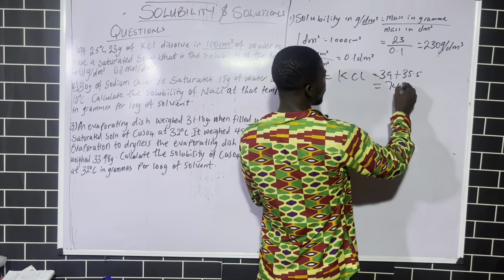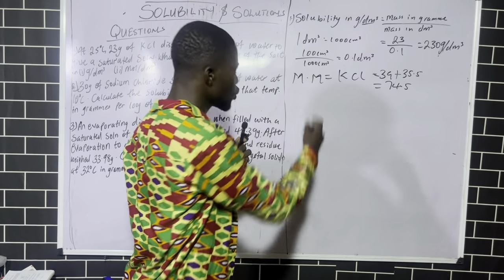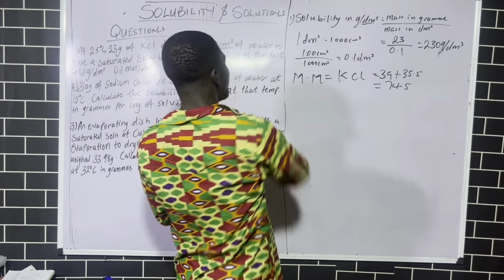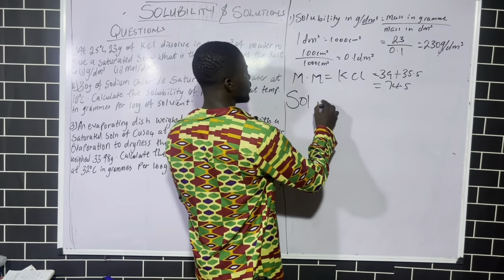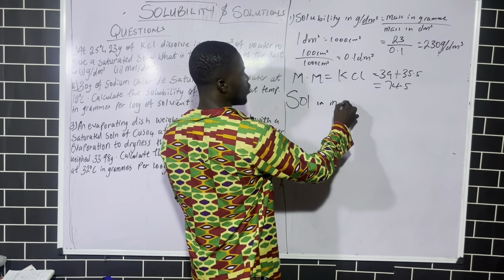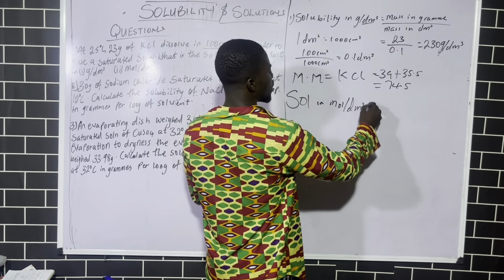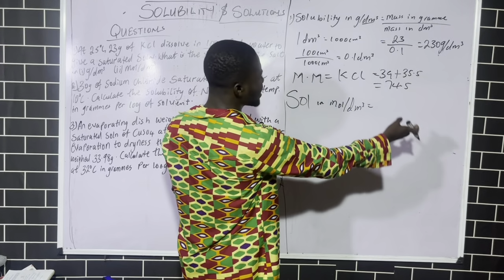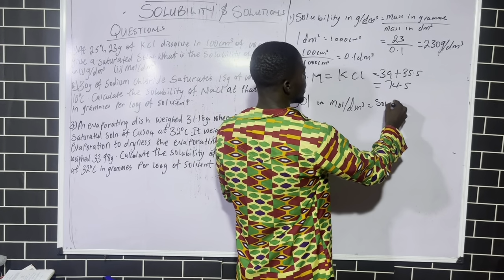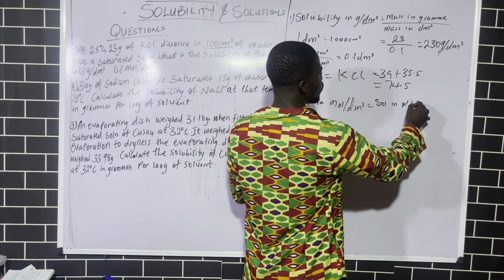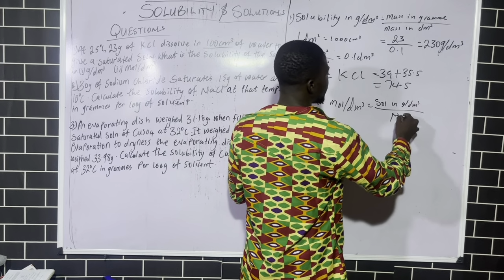That'll give you 74.5, right? So now solve. The solubility in mole per dm cube, I'll just write SOL, is simply the solubility in gram per dm cube over molar mass, MM.